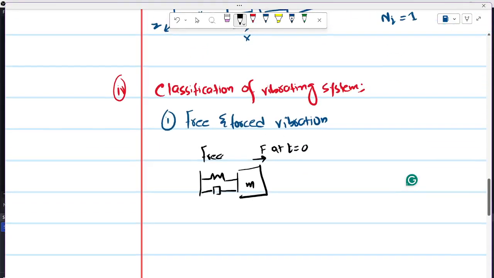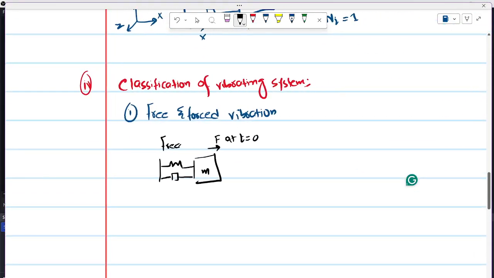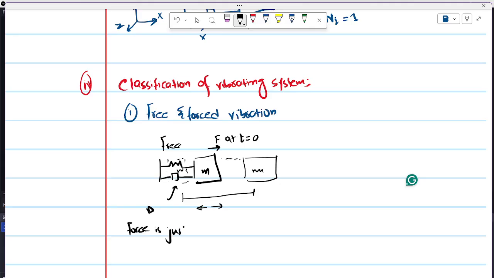If you apply the initial excitation, it will start vibrating between the extreme positions, and it will keep on vibrating between these two edges until it slowly starts to lose energy because of the existence of the damper, and ultimately it will come to rest at the mean position. That's the free vibration. So the force was not involved throughout the time. Force was just there as an initial excitation.